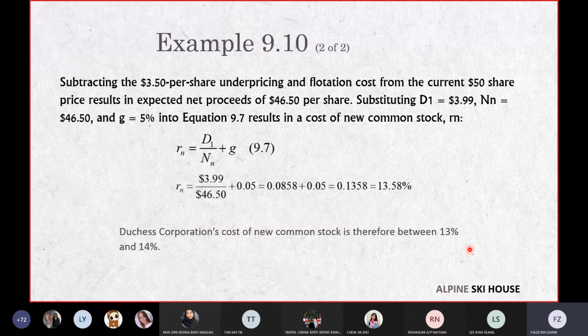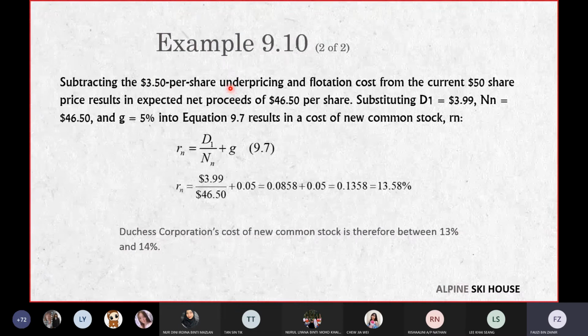So if you were to do that again, we know that the dividend expected next year is going to be the same as we already calculated just now. It's just that we need to make changes on the net proceed, which is basically the current price of the shares minus what we call underpricing and flotation costs. Okay, underpricing refers to the discounting.